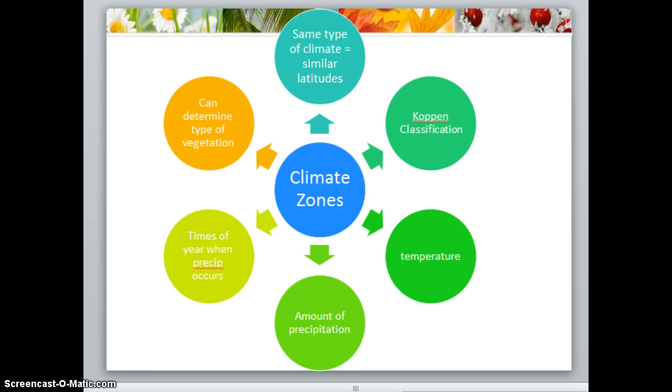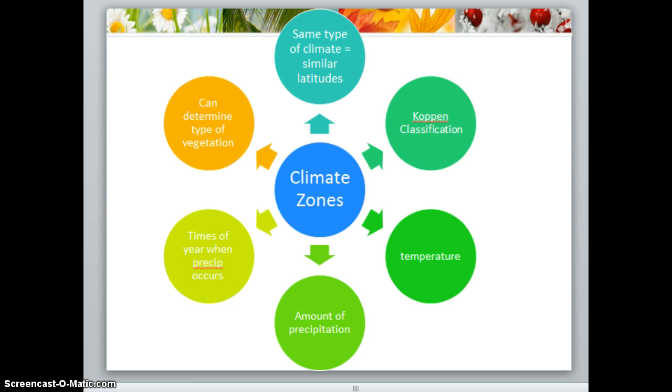When we talk about climate zones, within that zone, it'll be the same type of climate, and they're usually at the same latitude or similar.